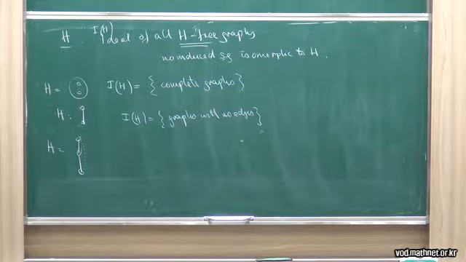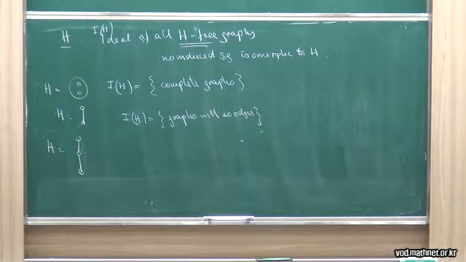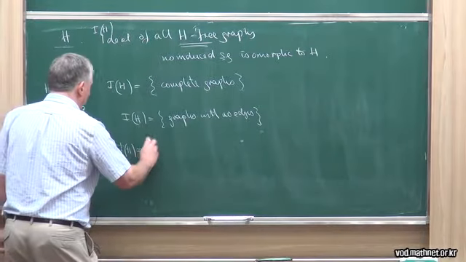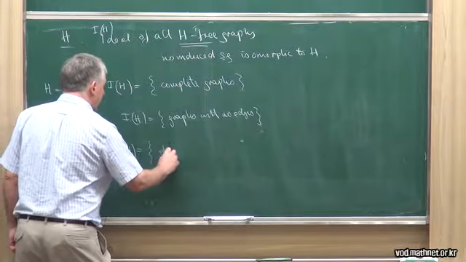No, a triangle, for instance, would be legal. It doesn't contain that. Disjoint union of complete graphs. So all graphs that are disjoint unions of complete graphs.